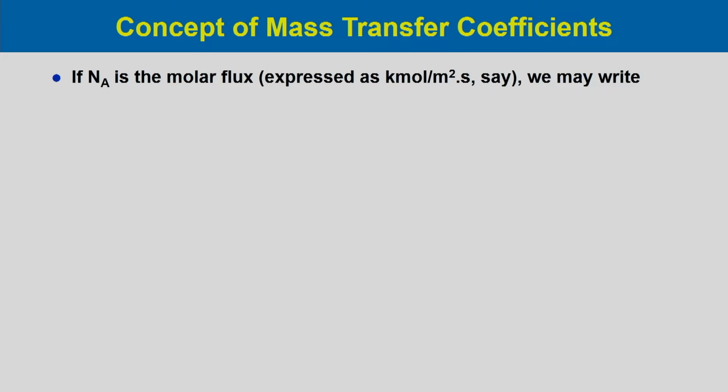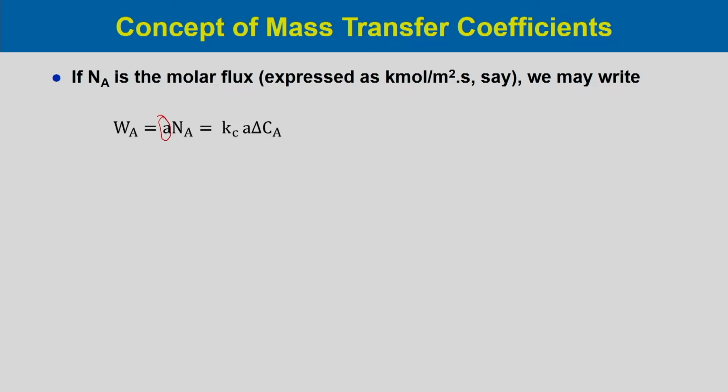Now, if we consider NA is the molar flux, which is expressed in kilomole per meter square second, we may write WA would be equal to A into NA, because WA is the molar flow rate, that is kilomole per second. So, if we multiply the flux by the area A, the unit would be the molar flow rate, kilomole per second.